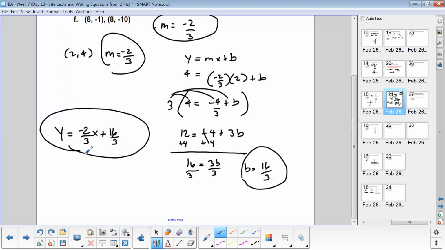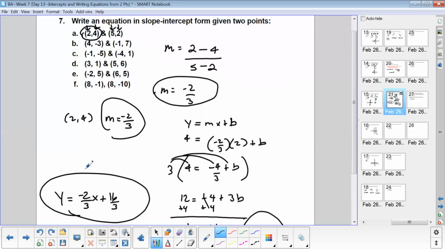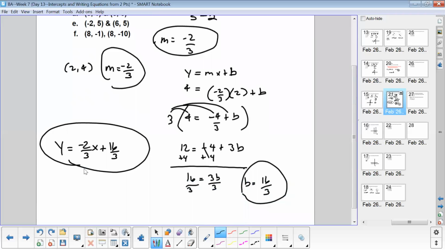Now, what we're going to do with this equation is check, and I'm checking for the points 2, 4, and 5, 2. So where am I going to put this equation? I'm going to go into the calculator.